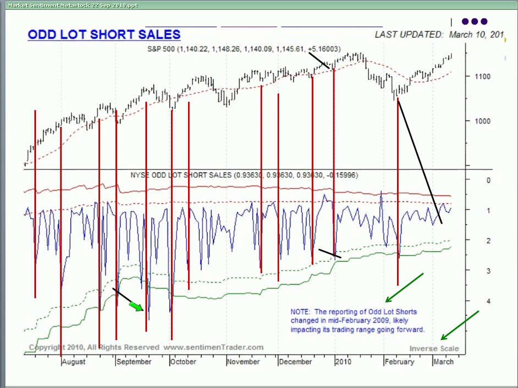Extreme in odd lot short sales over here, and a low in the market over here. Or extreme odd lot short sales here, and a low in the market over here. It's not perfect, and the reason it's not perfect is because we need to define what is a low. We need to know what a low is. How low is low? We can use a different measure, and that would be market sentiment.